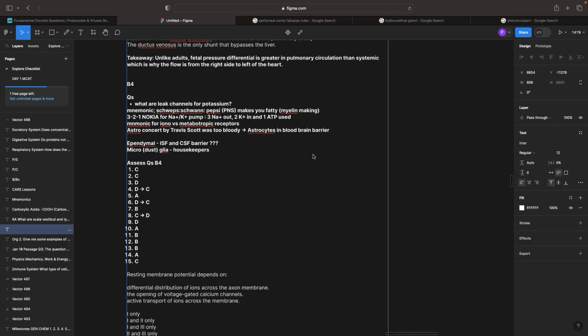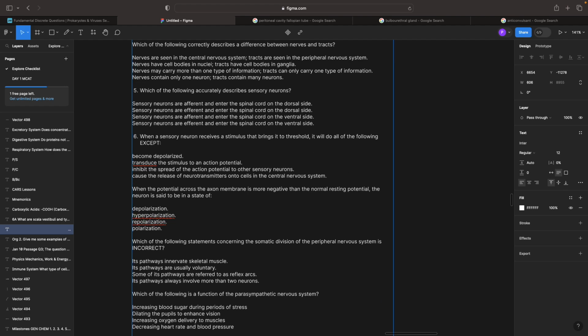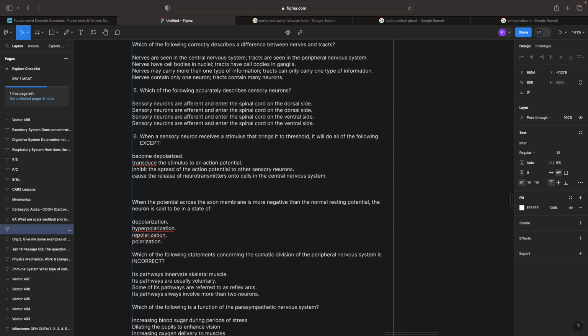Question 7. This is the second question I got wrong. So here we have a takeaway. The takeaway is that sensory neurons do spread action potentials to other sensory neurons.